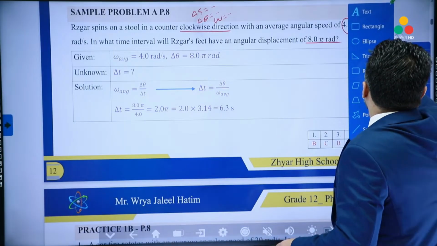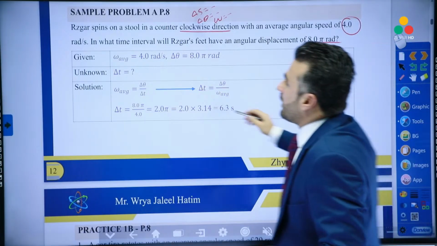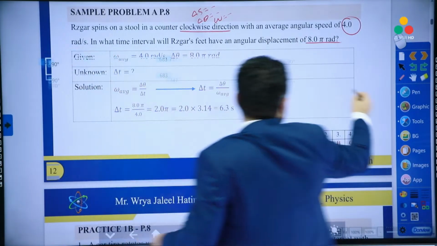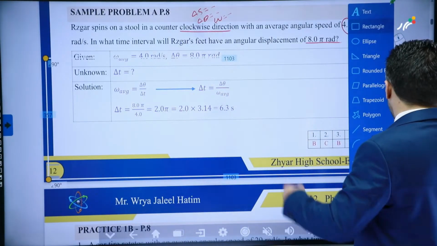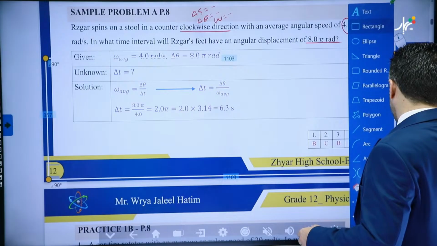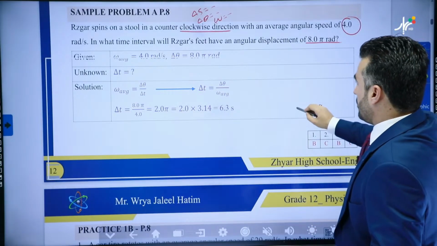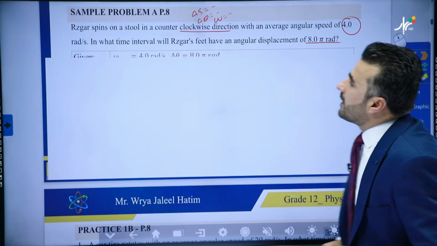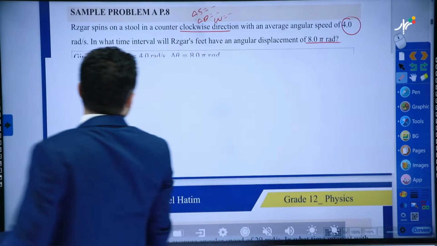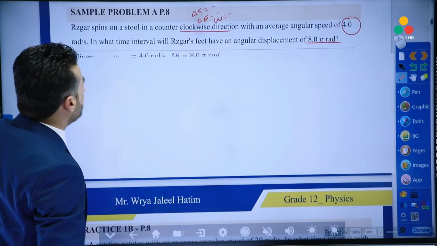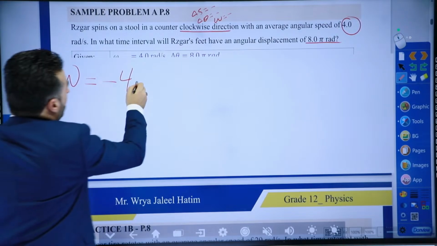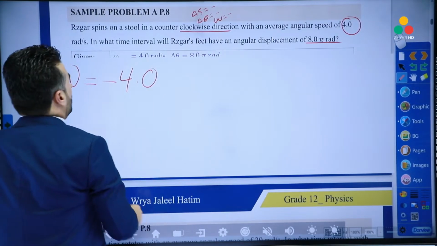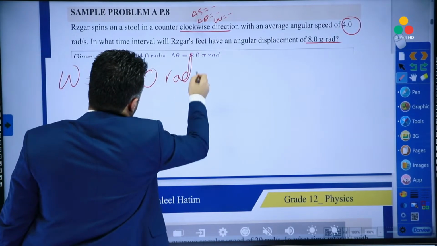All right, take a look here, let's solve this question. Let's make it white. All right, so what we have is an average angular speed. So we have omega, that is basically negative 4.0 rad per second, or radian per second.